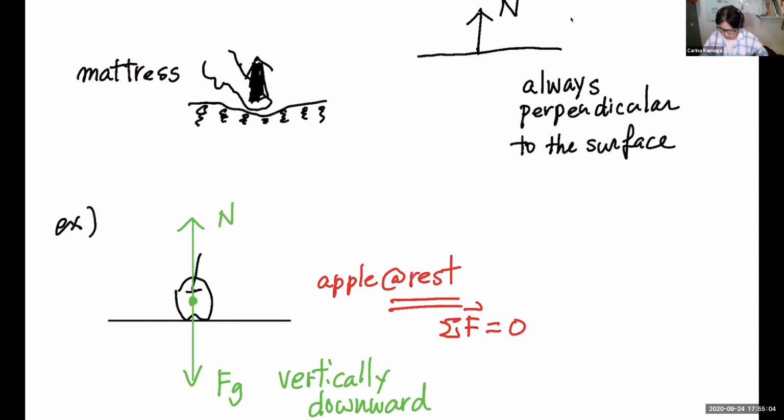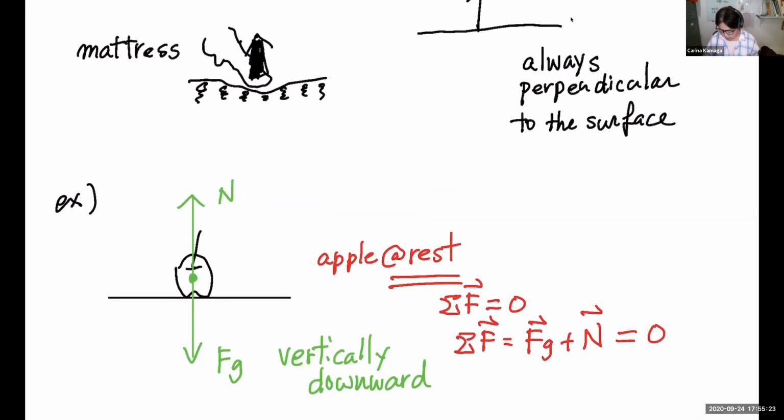Are there any other forces exerted on the apple? No other forces. So the net force is Fg plus N, and because the apple is at rest, it equals 0.